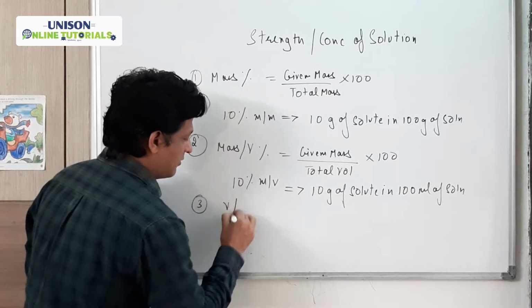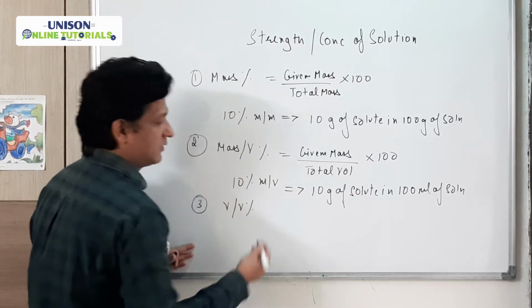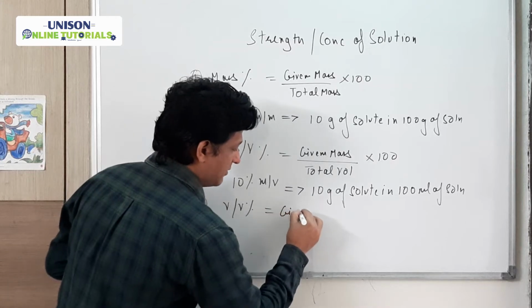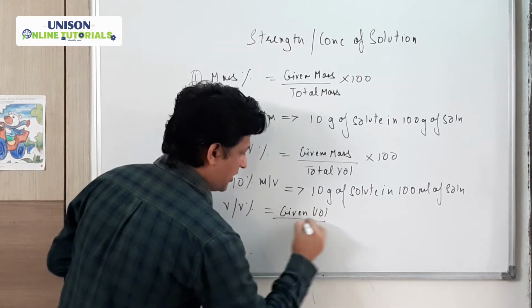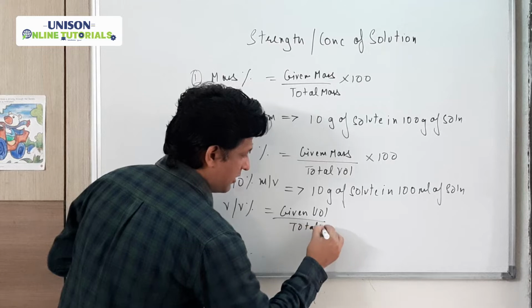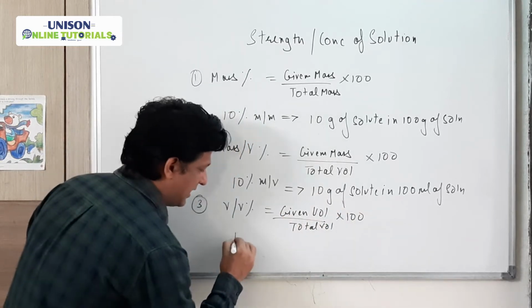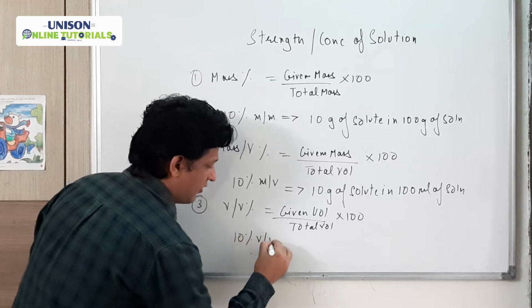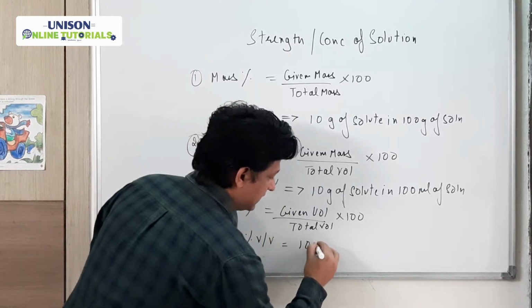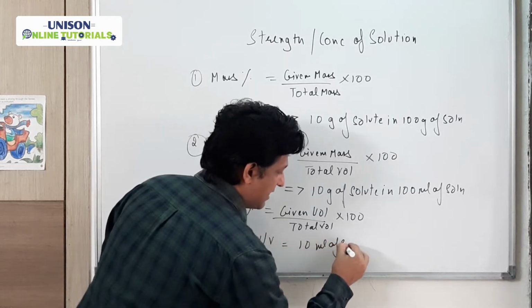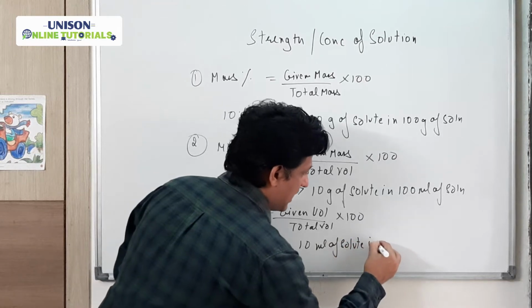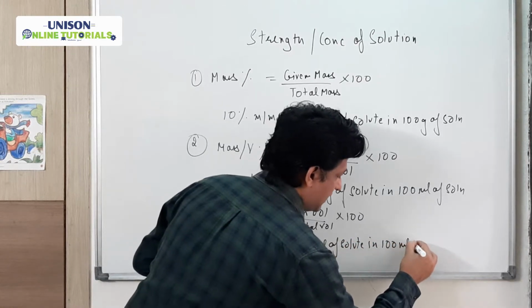Third is volume by volume percentage. That is again given volume upon total volume of solution into 100. For example, if it is 10% volume by volume, what does it mean? 10 ml of solute in 100 ml of solution.